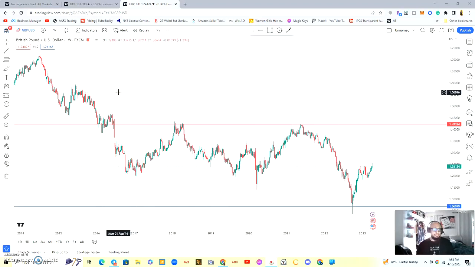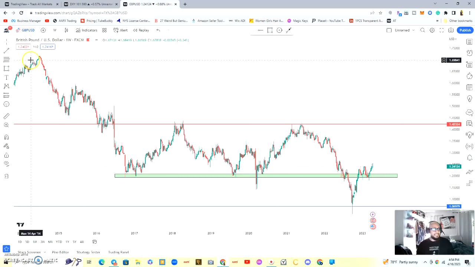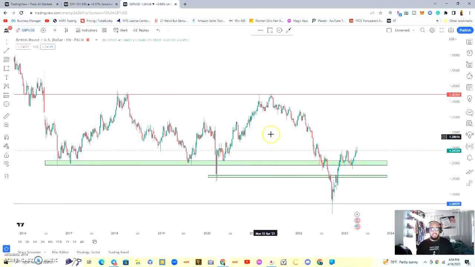This is the weekly time frame. We're going to mark down our support to see where price has been trading around. This is another area right here, we can say. Any area where we see wicks, we see closing candles, is support and resistance.